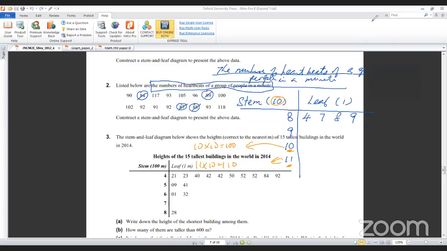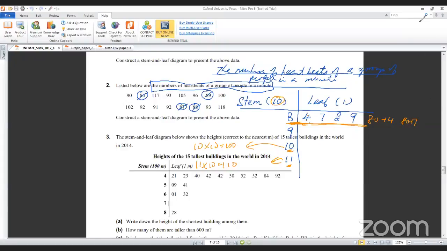Then in this case, if you look at this one, because they are on the same row, if I look in this way, this row represents 80 something, and this one represents units. Therefore, this is 84. Okay, 87, like that. This is the meaning, 80 plus 7.